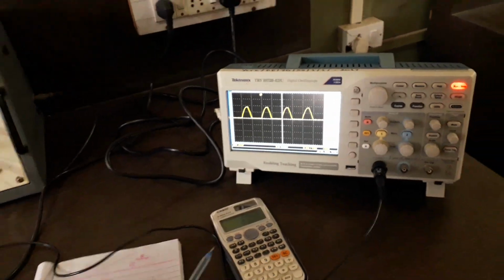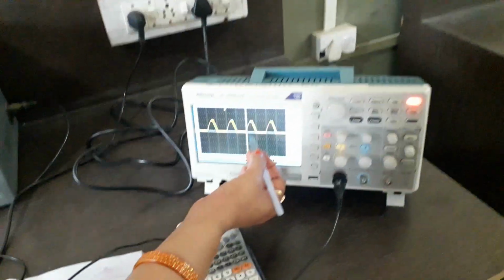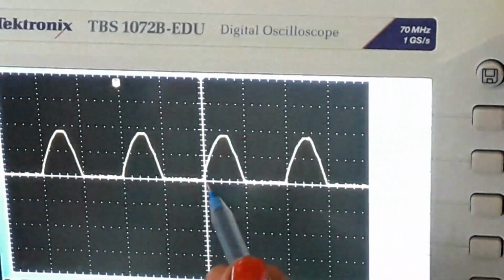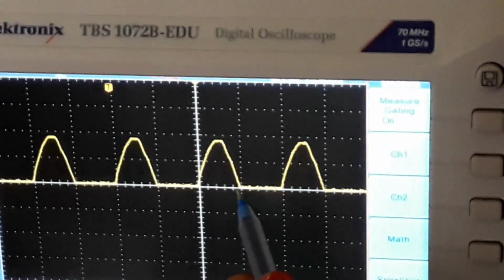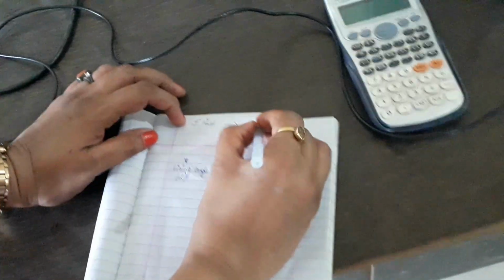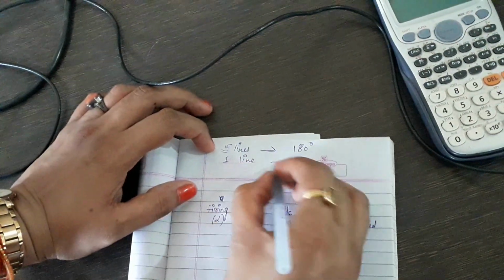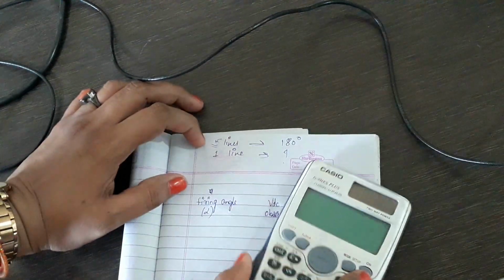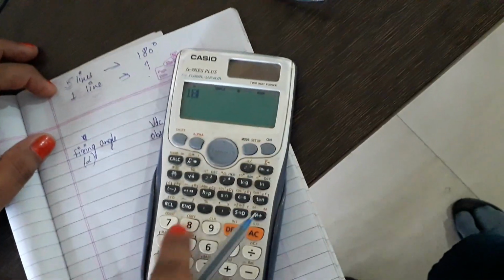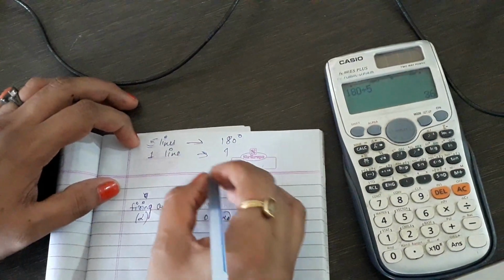In this case, let us find out how to read the firing angle alpha. From this point to this point, 1, 2, 3, 4, 5 lines correspond to 180 degrees. So one line will correspond to how much degree? 180 by 5, so we will get 36 degrees.